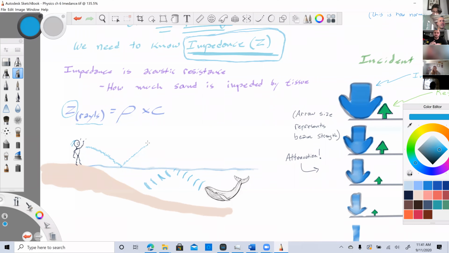So that's what impedance is, and we're going to look at impedance more on Monday. Our impedance tells us does sound transmit, or how much sound transmits.